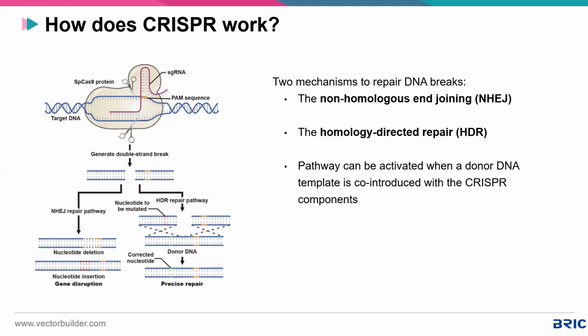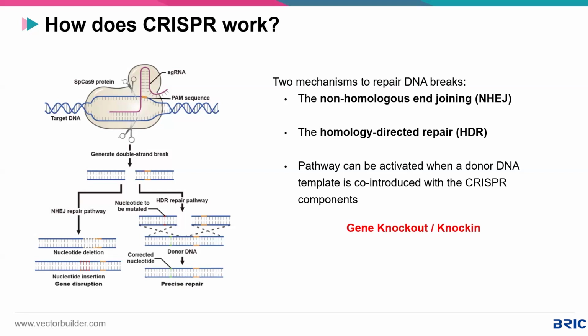And through homologous recombination, the target sequence presented here in the donor DNA gets inserted into the double-stranded break target site. And this method is used for generating both gene knockouts and gene knock-ins.